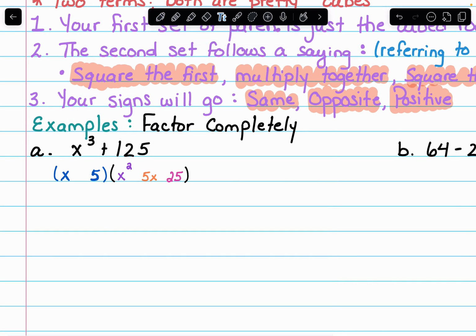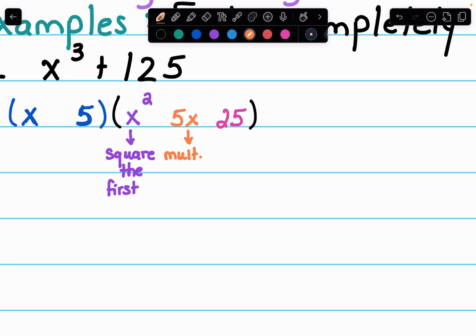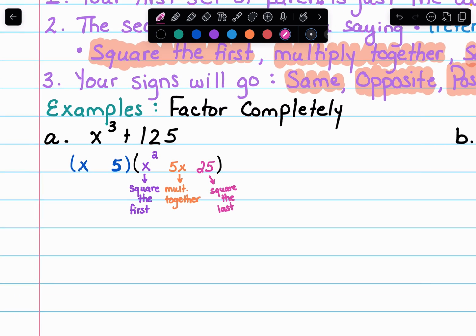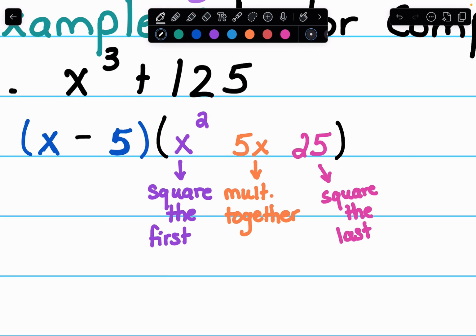Square the first. And I'll write them down for you. I square the first. And then I multiplied together. Square the last. My signs go same, same as my problem.